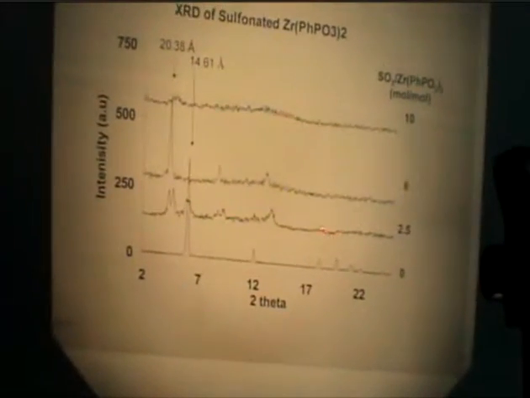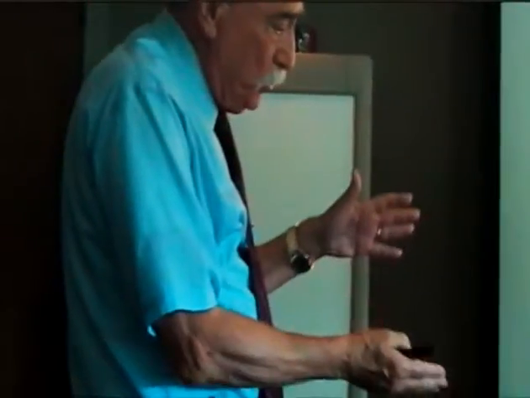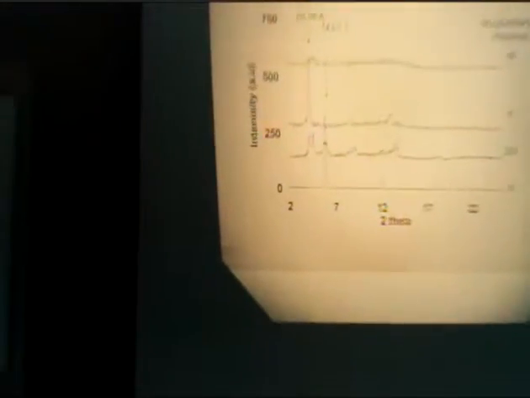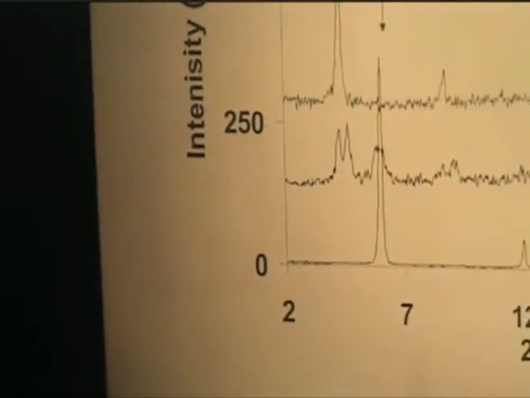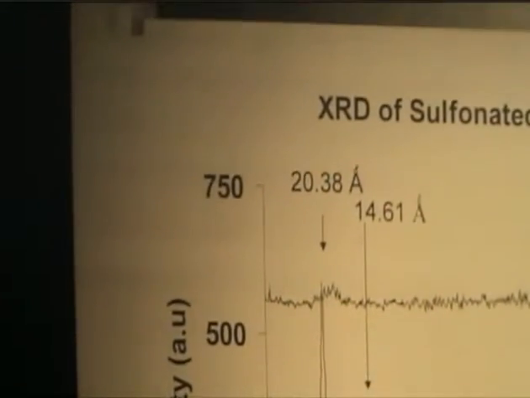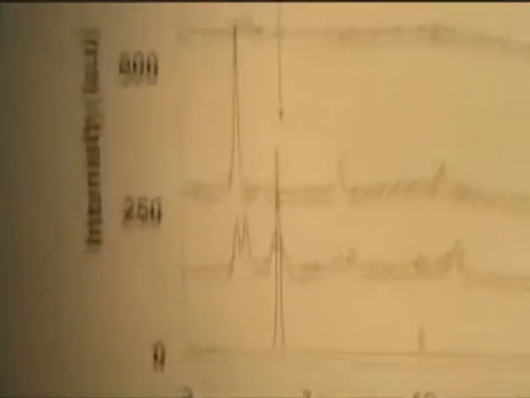We see in the phenylphosphonic acid, the sulfonic acids push the layers apart and sit in between. And you see here we have two interlayer distances. Here, this is before we sulfonate. Then we sulfonate, and then if we over-sulfonate, we don't see anything here.